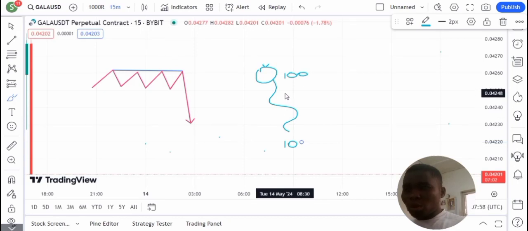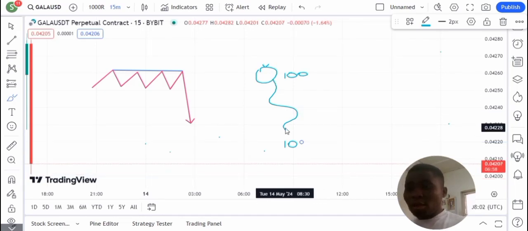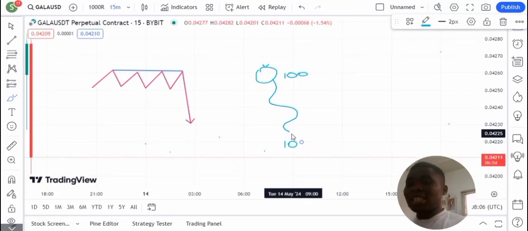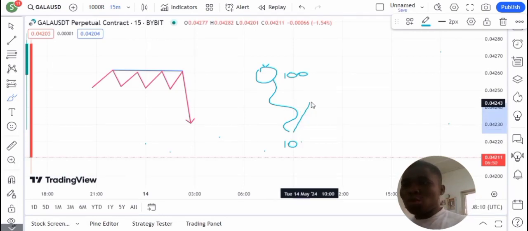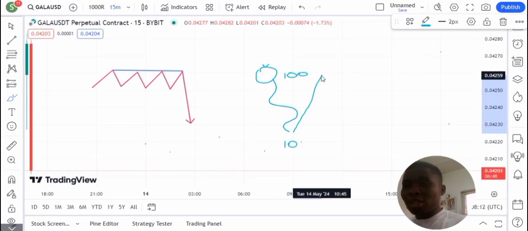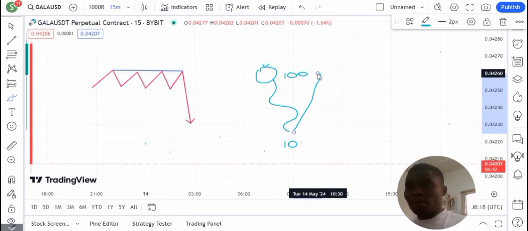This is what you do, wait for this orange that has devalued to $10 to get to its normal price, to get from here, because it has devalued. So you wait for this orange to get from here to this normal $100 before you can sell it. Otherwise you will lose your money. That is how the crypto market is.